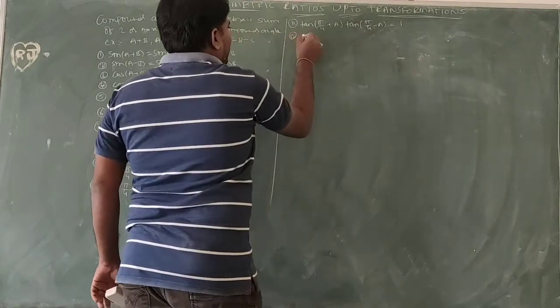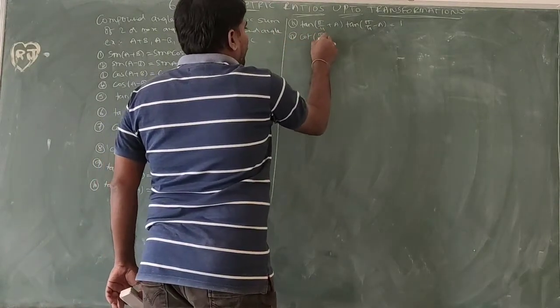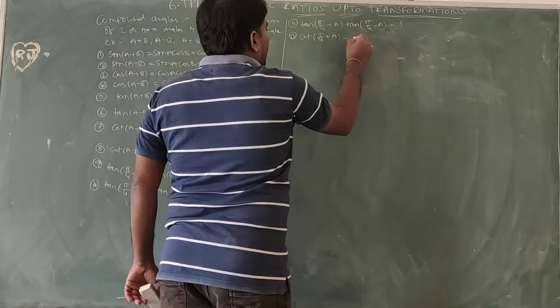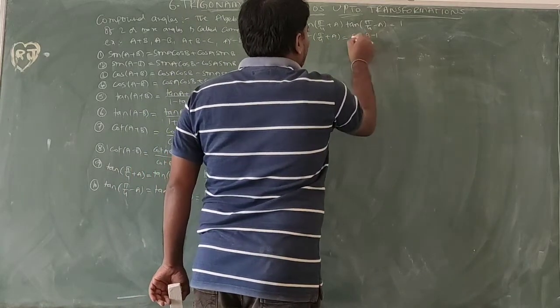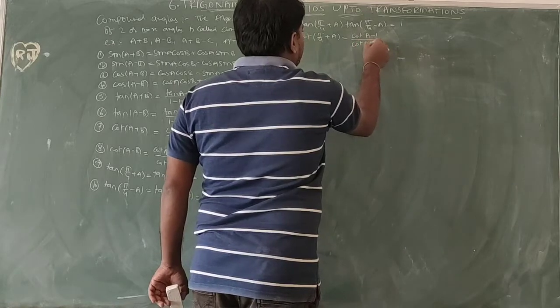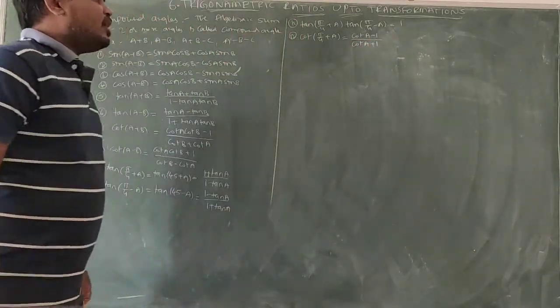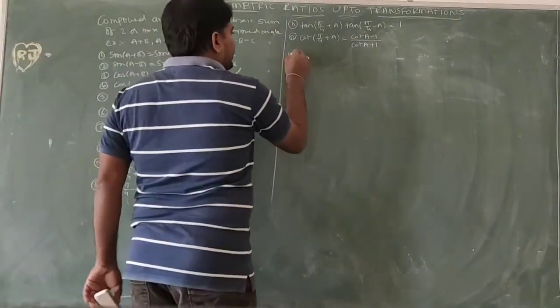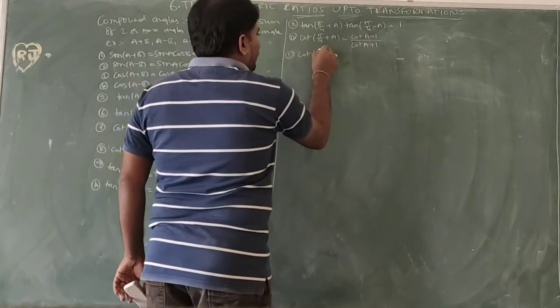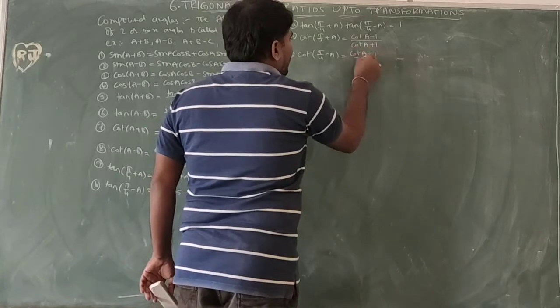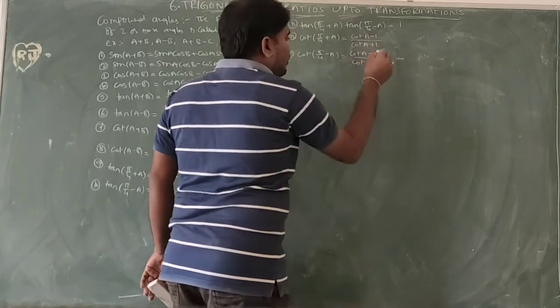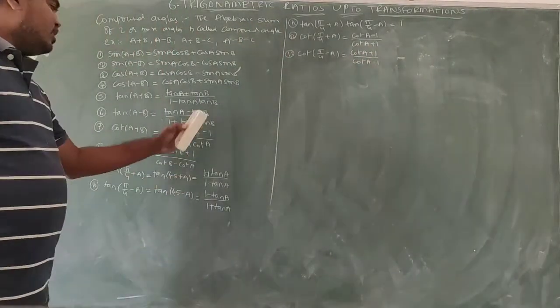Next, cot of pi by 4 plus A equals cot A minus 1 by cot A plus 1. Formula 13: cot of pi by 4 minus A equals cot A plus 1 by cot A minus 1. We can also prove this easily.